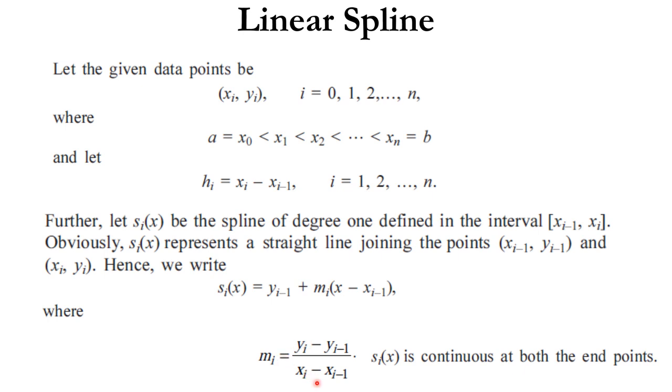Here mi is the slope, defined as yi minus yi minus 1 divided by xi minus xi minus 1. If you substitute xi instead of x, you will get yi. If you substitute xi minus 1, you will get yi minus 1.